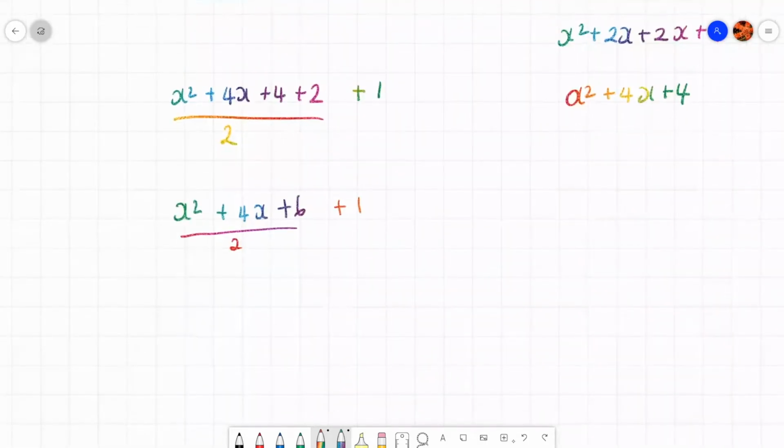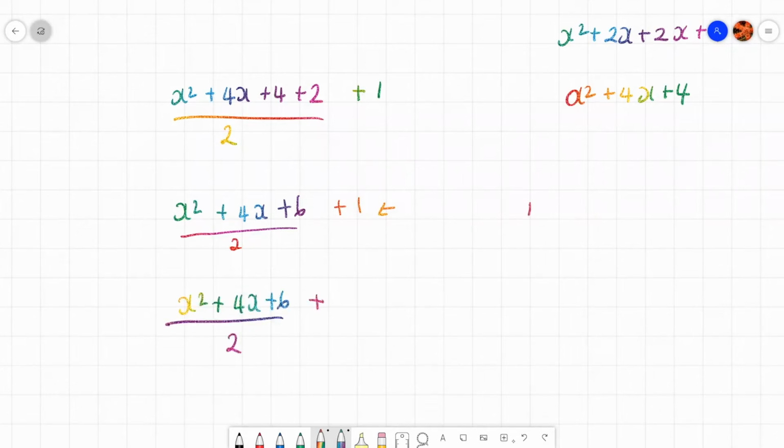Well, I've got a bit of a problem because I actually can't half x squared plus 4x plus 6 because they're all together, isn't it? It's all 1. The x squared can't be halved because I'm going to be left with a decimal. So what I'm going to do is put this under a common denominator so I can add them both together and see what happens. So I'm going to have x squared plus 4x plus 6 all over 2.